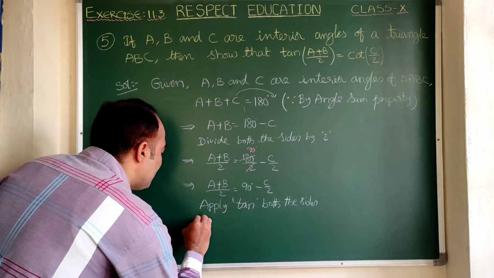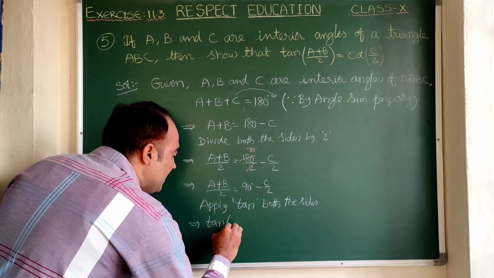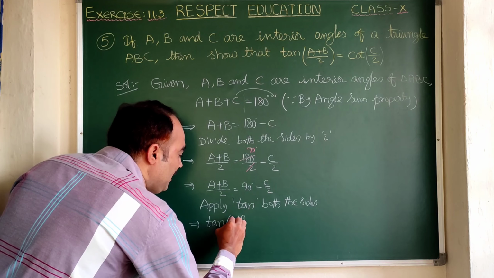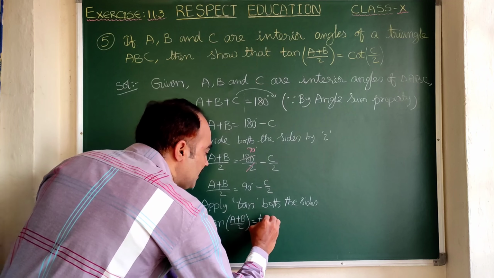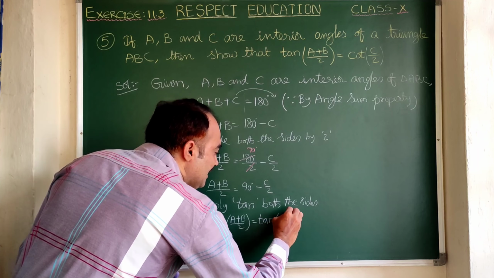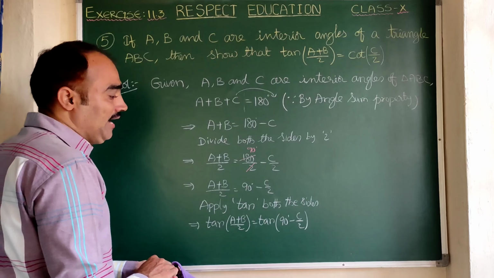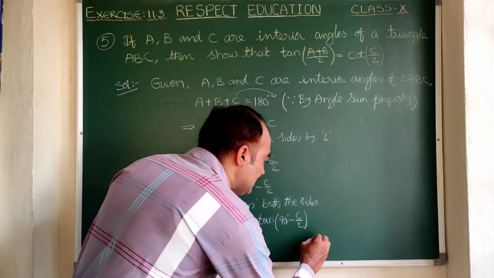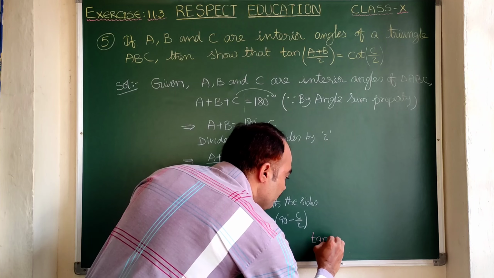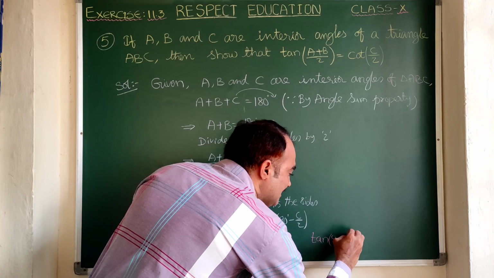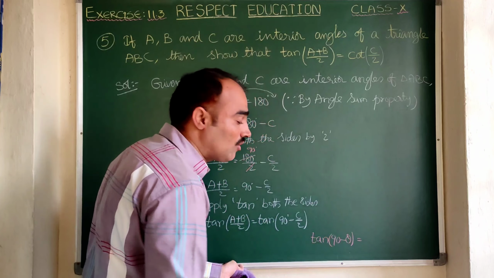Now here tan of (a plus b)/2 is equal to tan of (90 degrees minus c/2). Is it clear? We have a formula. The formula is that tan of 90 degrees minus theta can be written as cot theta.